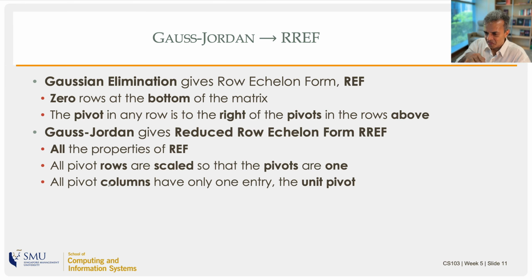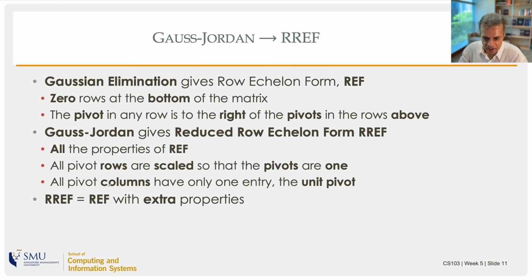Then you used the pivot row starting from the bottom. Whenever you had a pivot, you use that pivot, which has become 1 now, to subtract an appropriate multiple of it so that all the elements above the pivot have become 0. So you use the pivot to get rid of all the elements above it. So RREF is an REF with some extra properties.